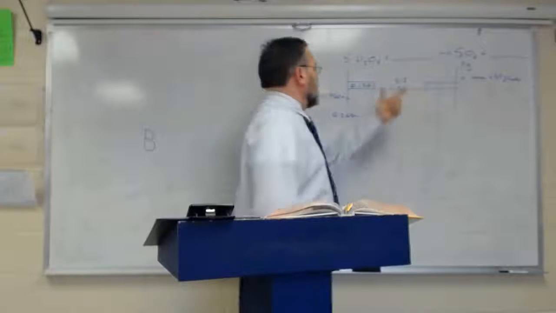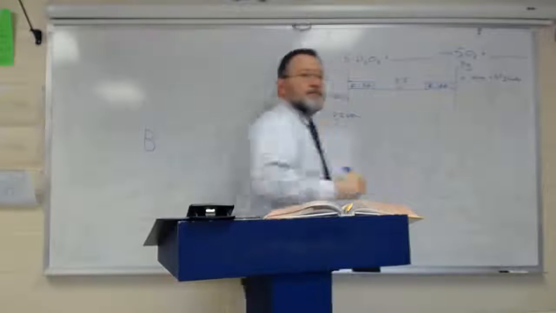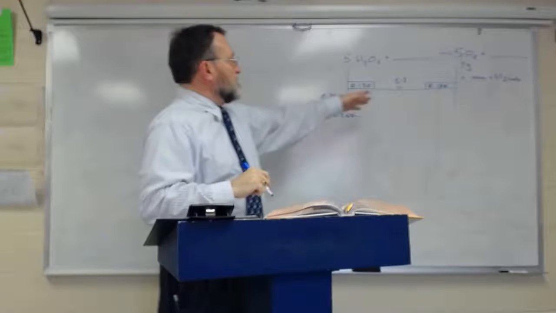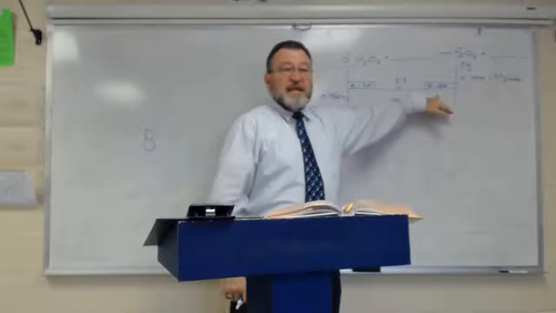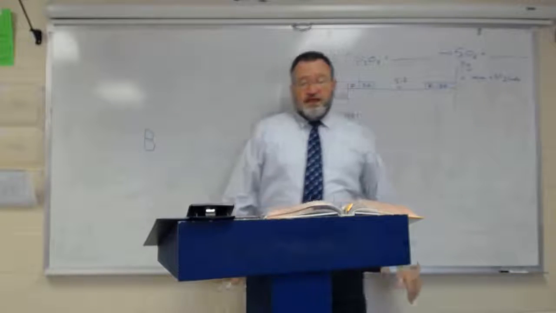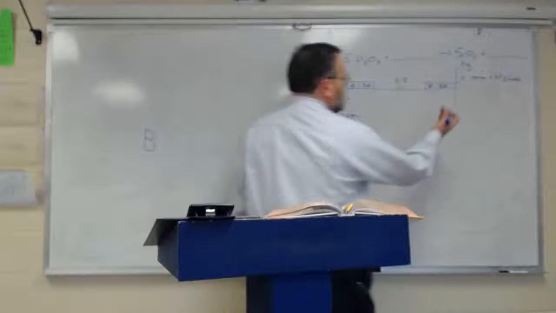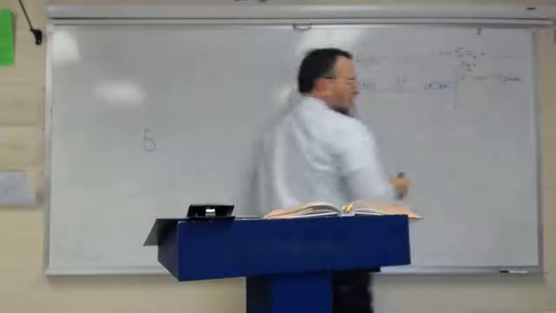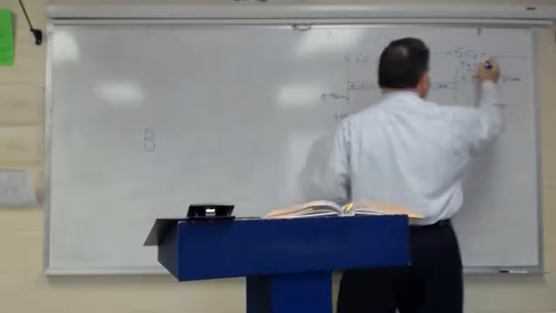Same number of moles, 1 to 1. So 0.150 moles of O2 are produced. Each mole has a mass of 32 grams. So I'm going to multiply up, and it's going to come out to be 4.8 grams.